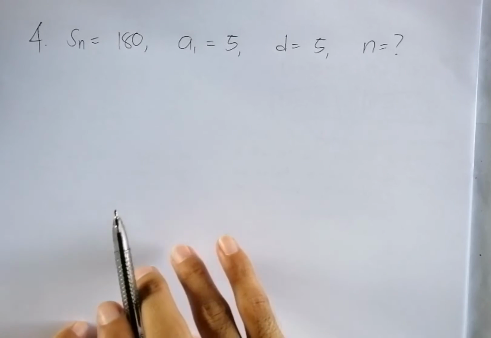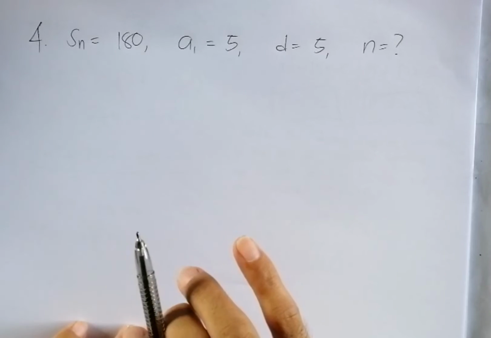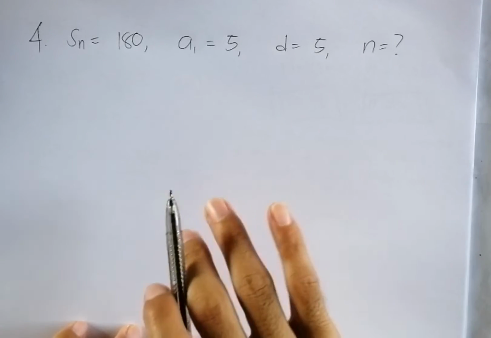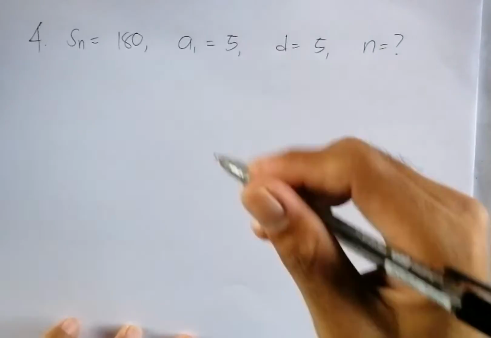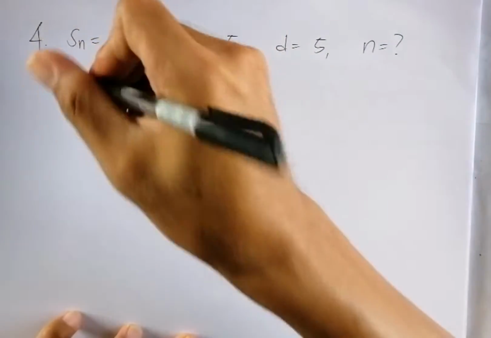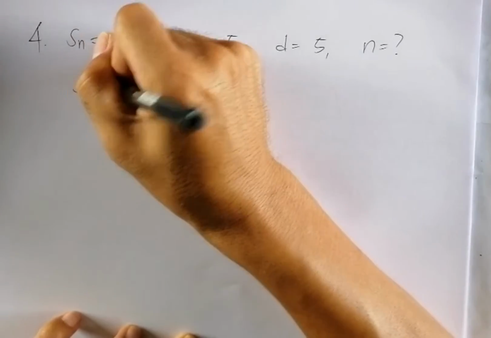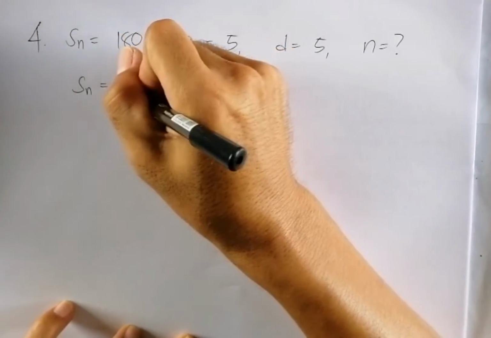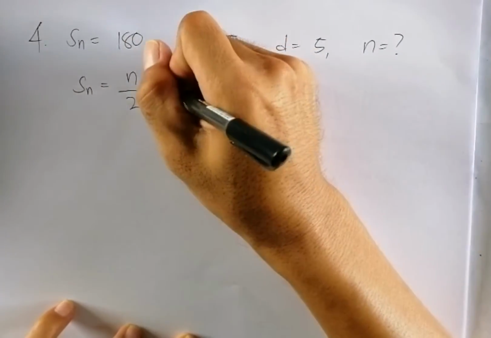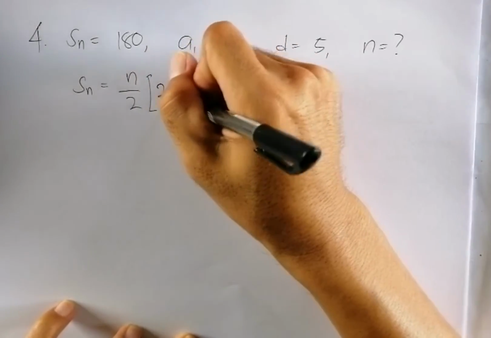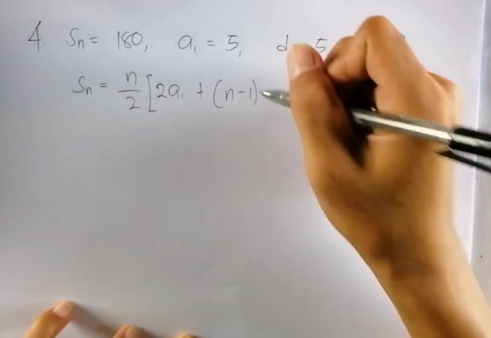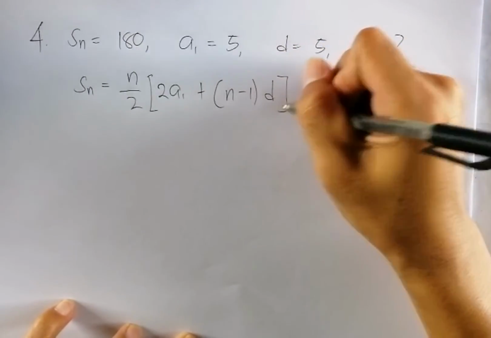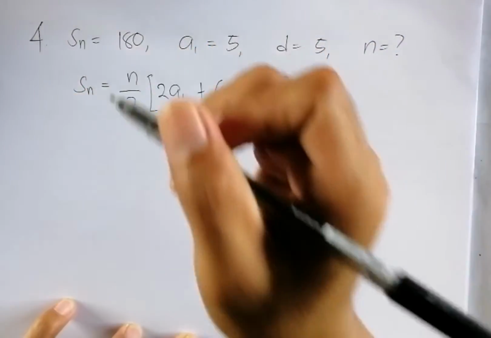Number 4, S sub n is equal to 180. a sub 1 is 5, common difference is 5, then n is unknown. And the last term is not given, so we can use formula number 2. So that is S sub n is equal to n over 2 times open bracket 2 times the first term plus the quantity of n minus 1 times the common difference.